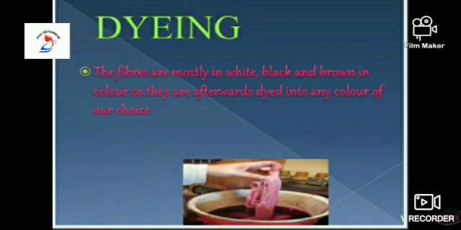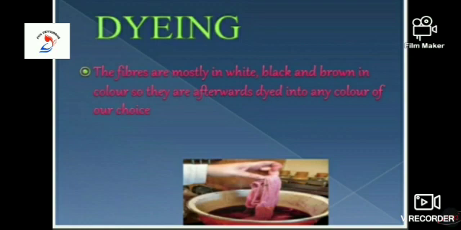Clothing material or fabric is woven from yarns. Different types of fabrics are used for making dresses, curtains, sofa covers, carpets, etc. For that, the basic thing is fibers.